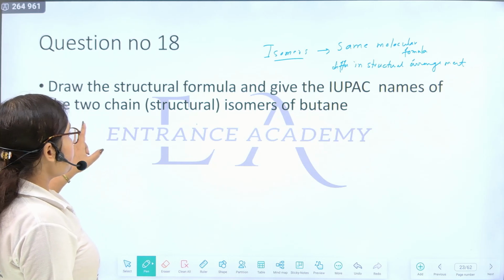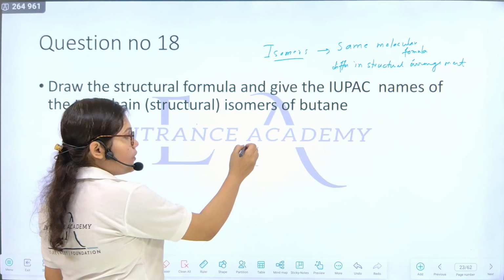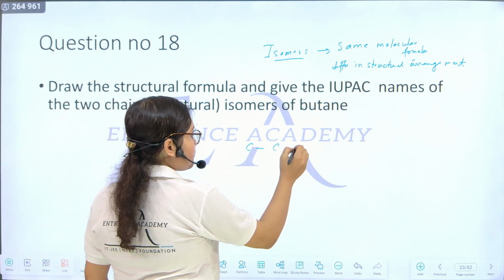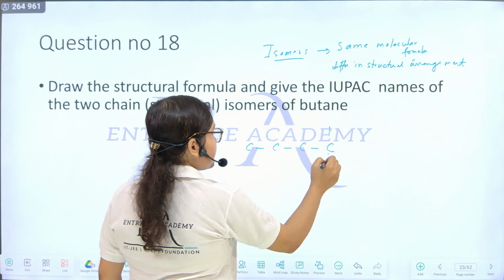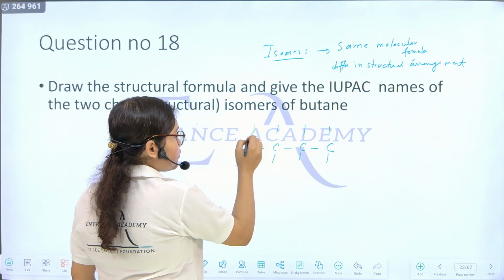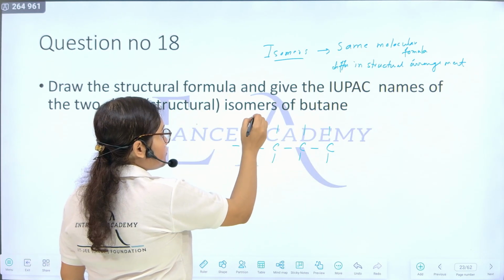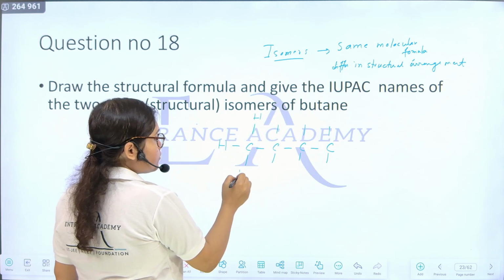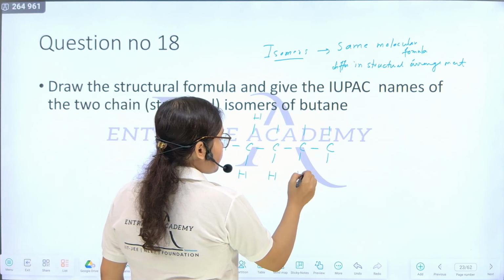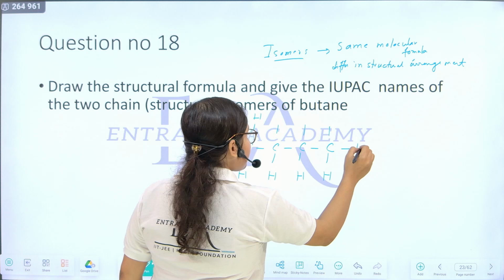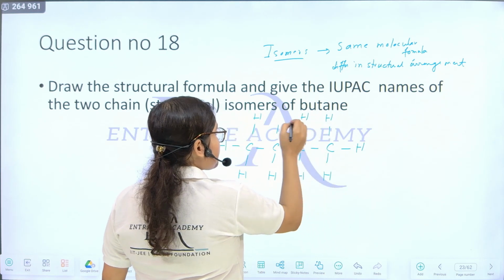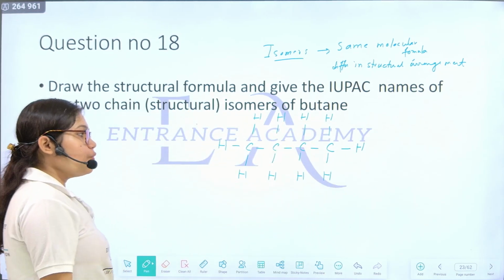The 2 chain isomers of butane. Firstly, butane is this. This is the structure of butane.